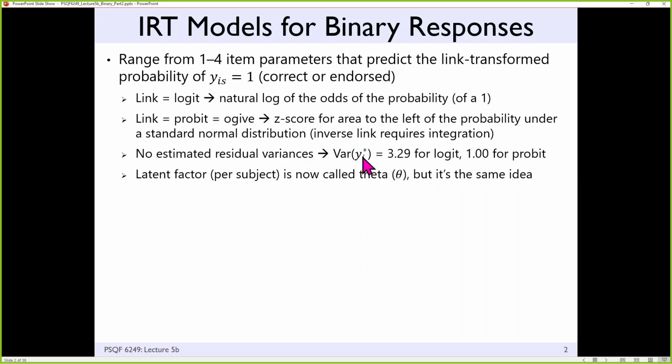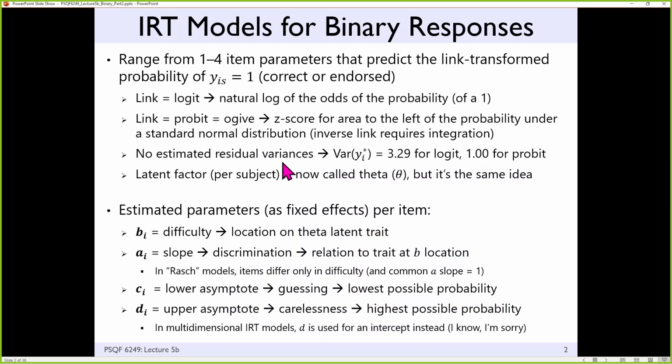Instead, if I think about the variability of the continuous underlying distribution under my binary responses, I could say that it's 3.29 if it were in logits, or 1 in probits. That's just a scaling thing. And our factor score is called theta, but it's the same idea as a latent trait. So we have our difficulty, slope, lower asymptote, upper asymptote.